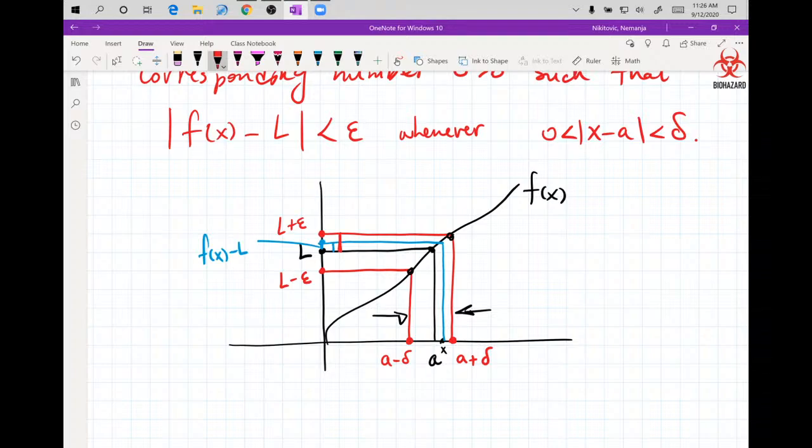So you see that difference there is epsilon, and you can also see here on this side, right here, is x minus a.